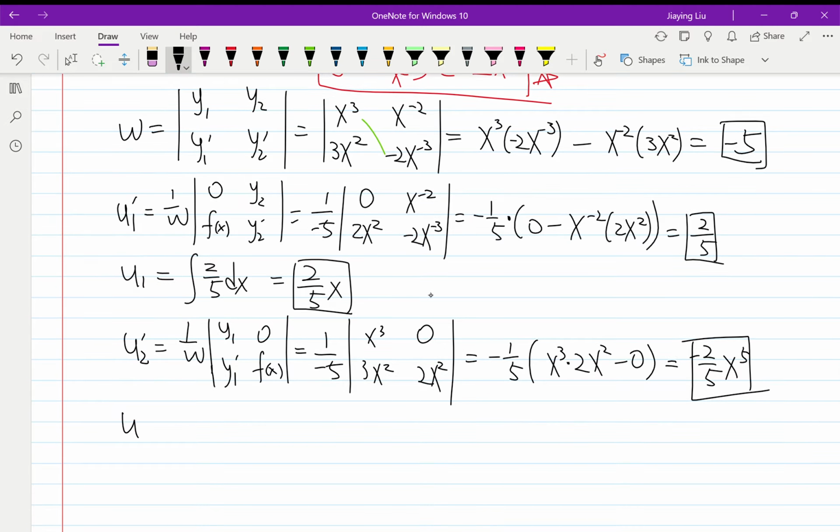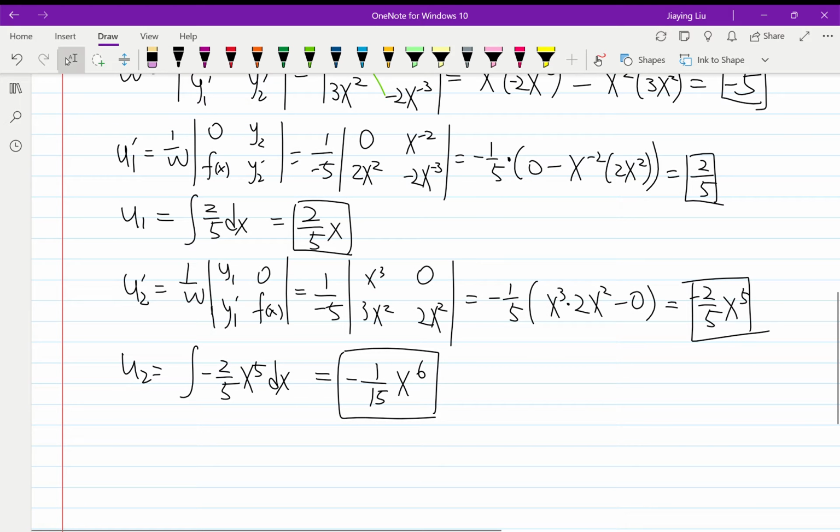Integrate that, we get u2 equals the integral of negative 2 over 5 x to the fifth dx. I believe it's negative 1 over 15 x to the sixth. And now we can take u1, u2, y1, y2 and put them together to write down y particular.